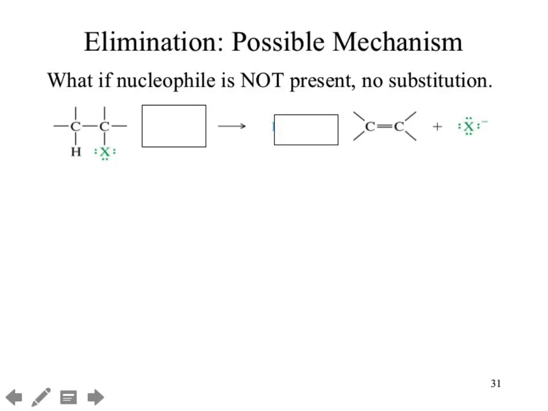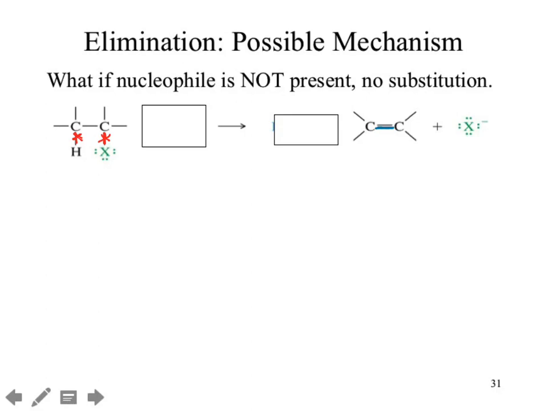The X bond broke. What else happened? Pi bond formed. And a hydrogen broke. This is now becoming more complicated, right? Instead of there being two things that changed, we now have three.